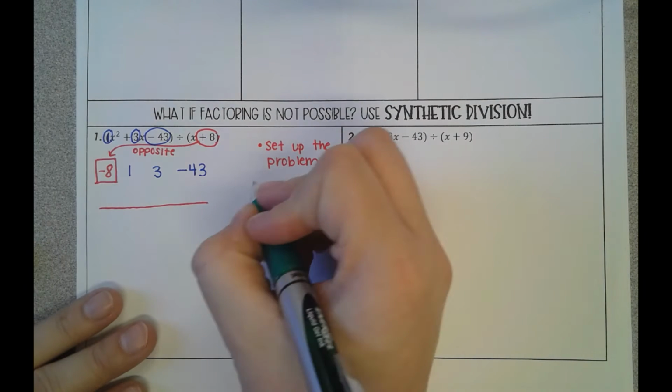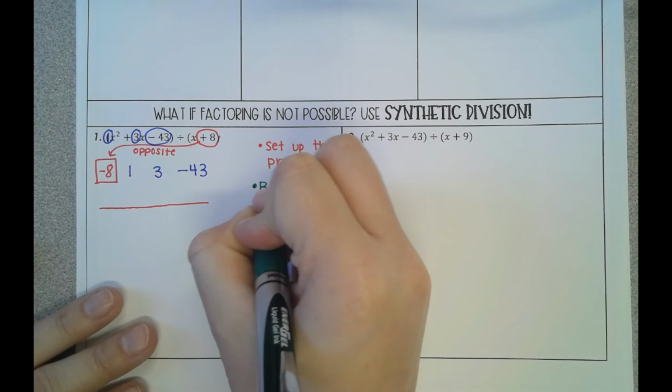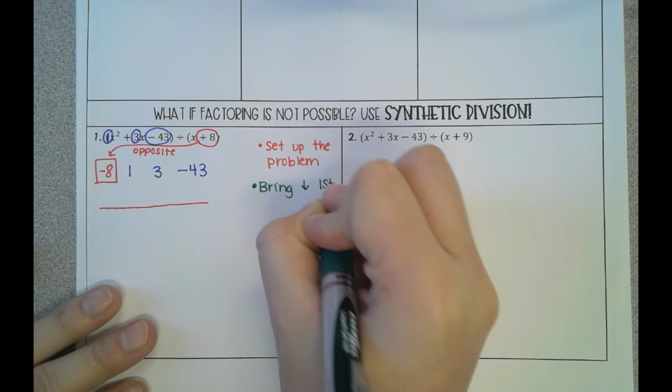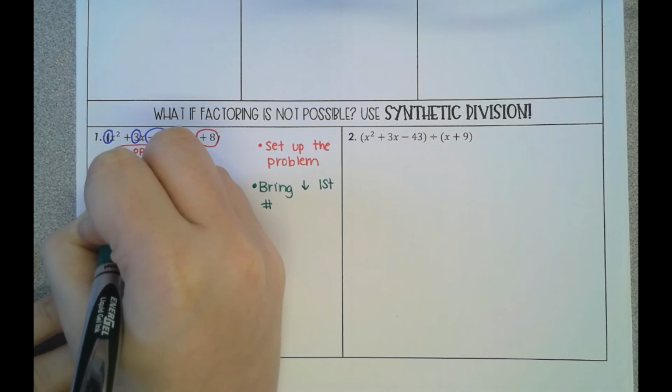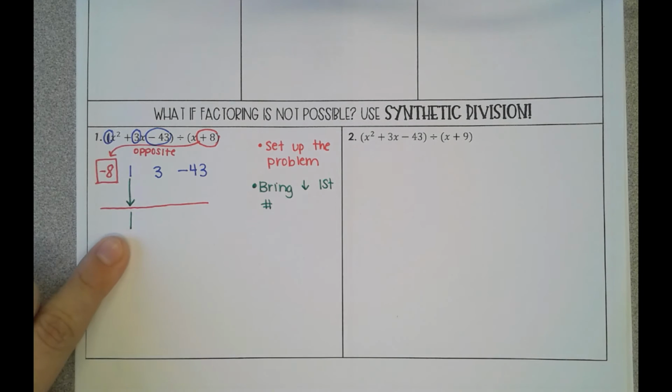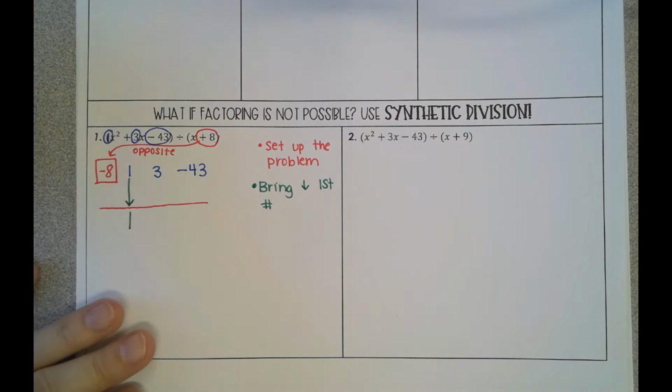Now the next thing we do is we bring down the first number. That 1, we're going to bring it down below the line. From here on out, we're going to take turns multiplying, adding, multiplying, adding.